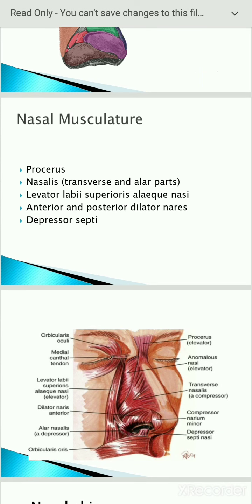There are some muscles also, like procerus, nasalis muscle, levator labii superioris alaeque nasi, anterior and posterior dilator nares, and depressor septi.